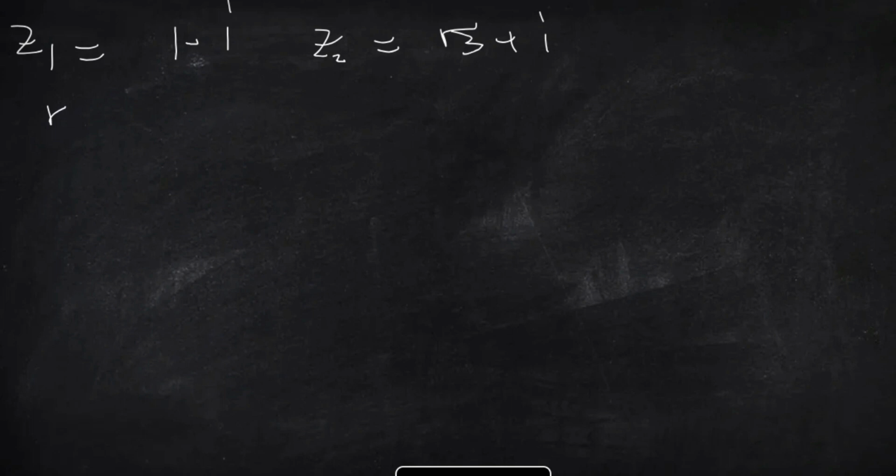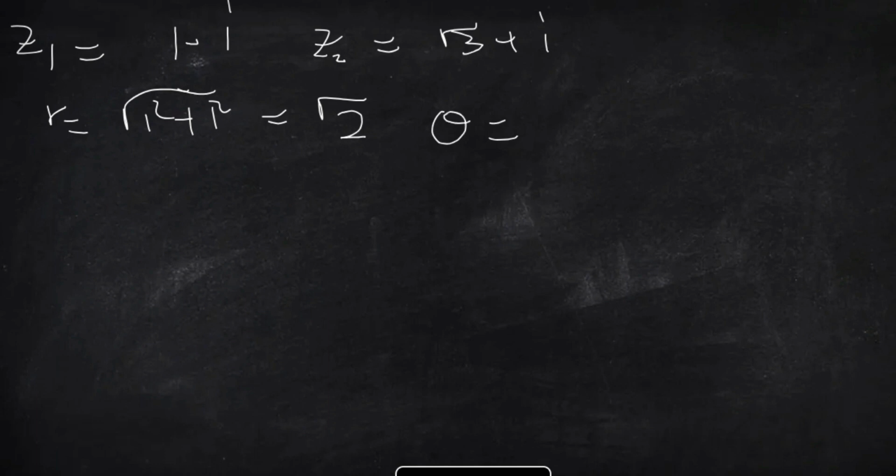The radius of z1 becomes root of 1 squared plus 1 squared, which is root of 2. And the angle theta is tan inverse of 1, which is 45 degrees.